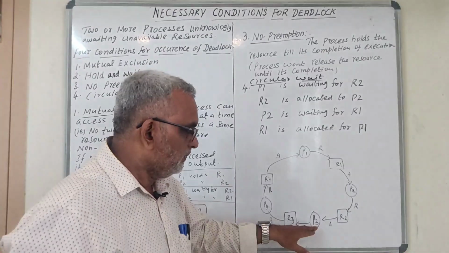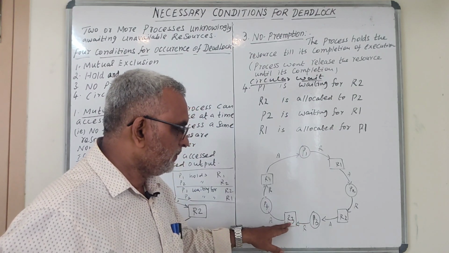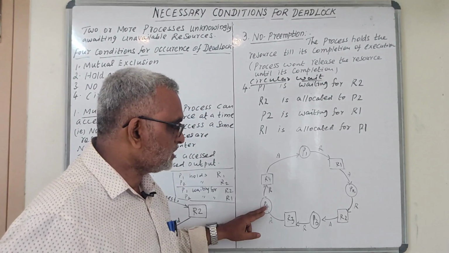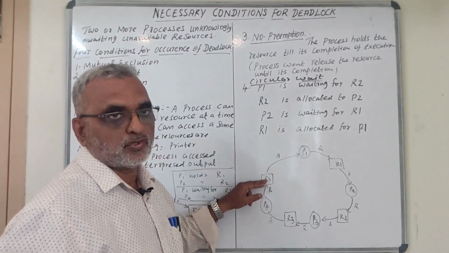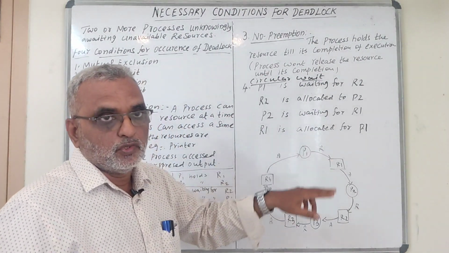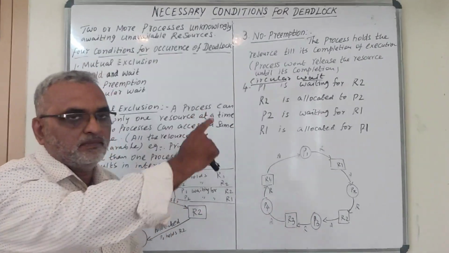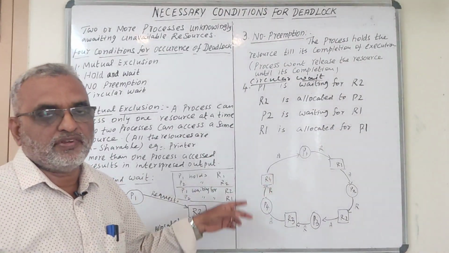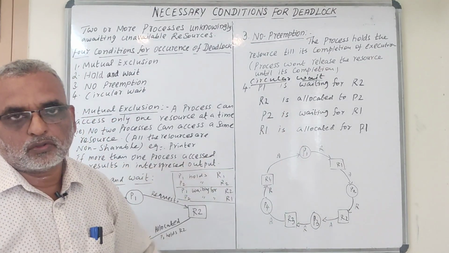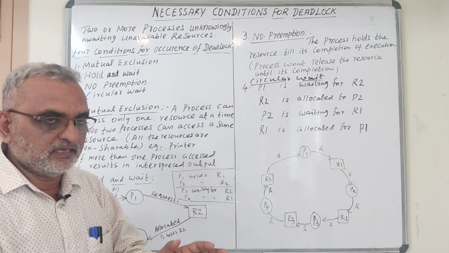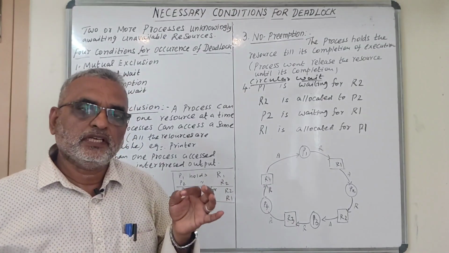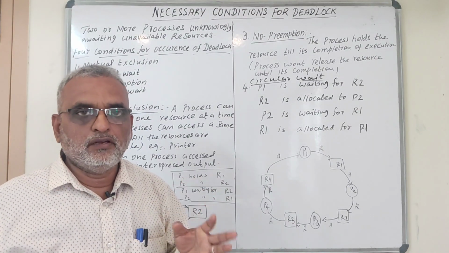Process 3 requests resource 3, but resource 3 is allocated to process 4, and process 4 requests resource 4, but resource 4 is allocated to process 1. So this is a condition called circular wait. Even this being the case, you will get the deadlock. If all the 4 conditions occur simultaneously, it may definitely result in deadlock.